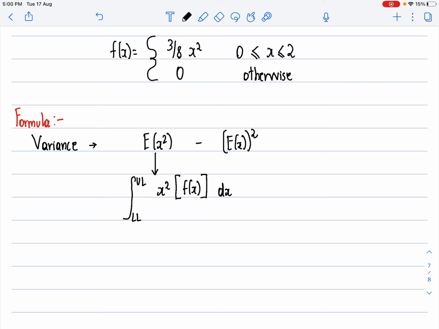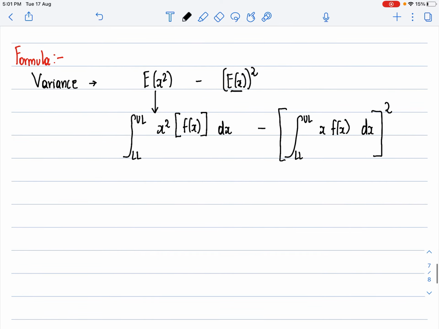This is minus the mean the whole square. We know in the previous video we had done the formula of the mean, which is the integration from the lower limit to the upper limit of x into f of x dx, and this will be squared. This is the formula which we know.